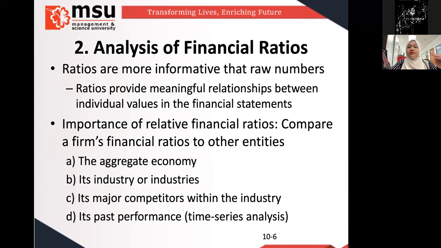The importance of relative financial ratios is that they compare the firm's financial ratios to other entities. We want to know the aggregate in the economy, the industry, the major competitors within the industry, as well as the past performance. Using the financial ratios, we can do this kind of analysis.